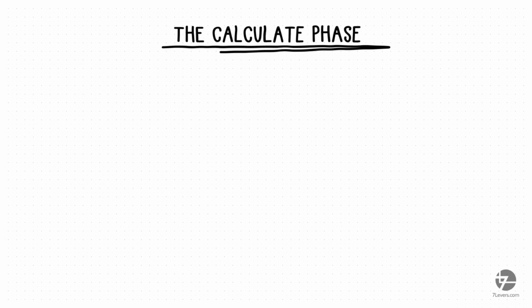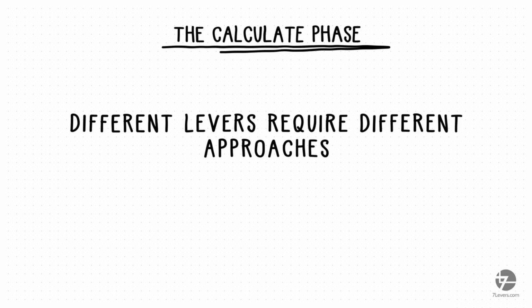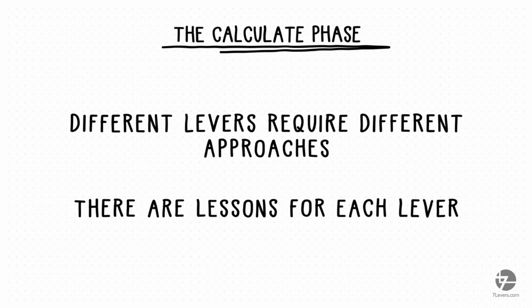As I said, each individual lever will require different measurements and different approaches. So there are lessons for each lever, and there are also additional tools, tips, and examples to help you work through. In each of the lessons, you'll see what to measure and how to calculate from those measurements the final result to feed it into the 7 levers calculation.